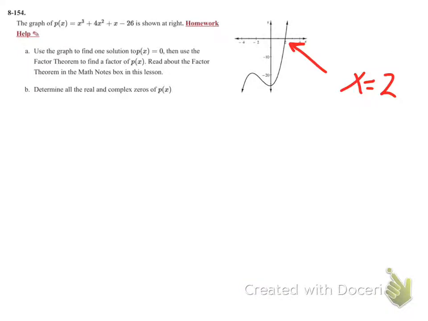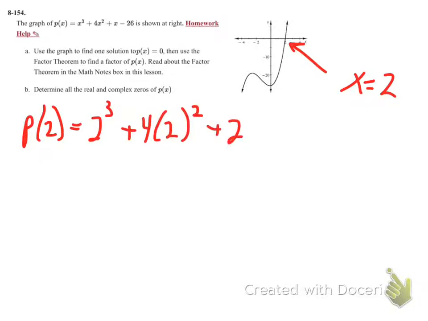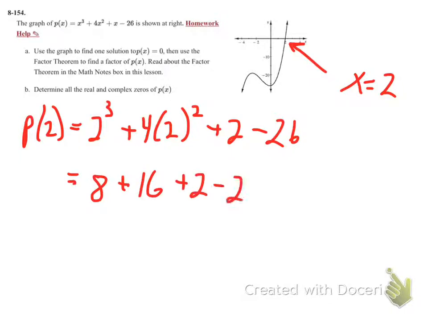So now, if I put 2 in right here for x, I'm going to have p of 2 equal to 2 cubed plus 4 times 2 squared plus 2 minus 26. That's going to give me 8 plus 16 plus 2 minus 26.